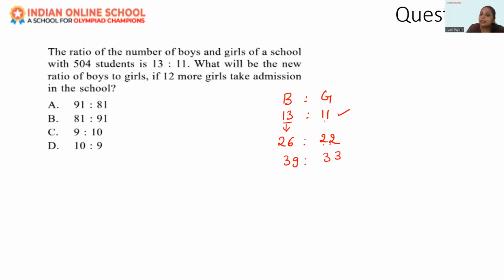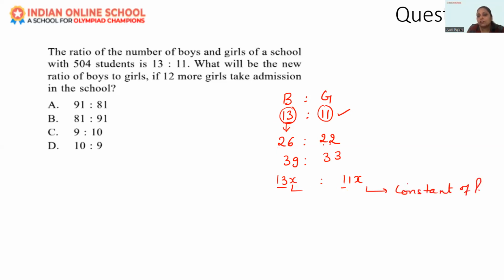It means the 13:11 ratio doesn't define that 13 boys and 11 girls are there; they are just in that ratio. So I can multiply any constant to them, 13x and 11x, then x will get cancelled by x and the 13:11 ratio will remain the same. So whatever x I'm introducing here is a constant of proportionality.